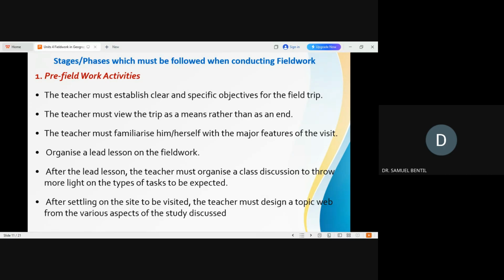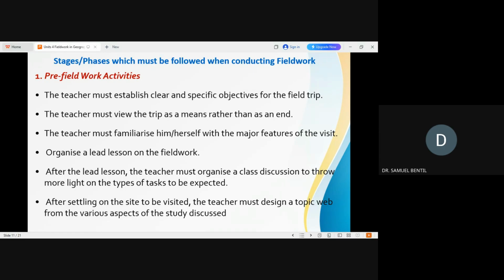The teacher must familiarize himself or herself with the major features of the visit. So, for example, you want to go to Mount Afajatu. You, the teacher, must familiarize yourself with the place, know the conditions in the place, know the do's and don'ts of the place, because there are certain times and seasons you cannot take students to certain places.